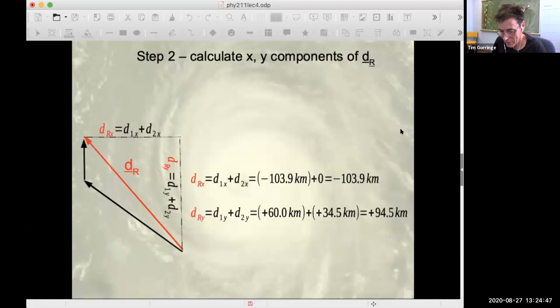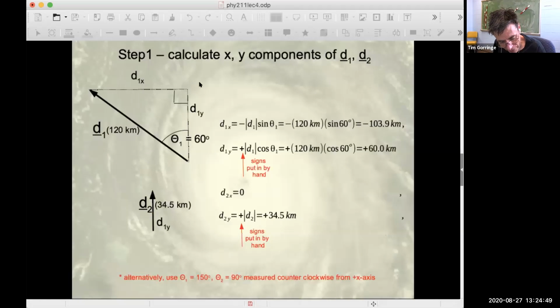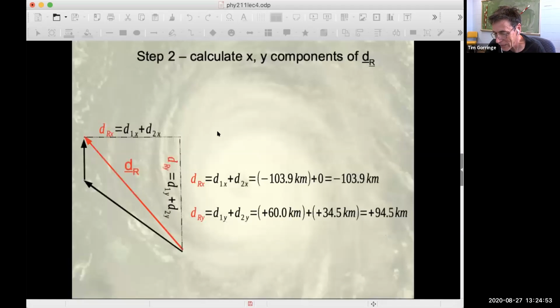Here we are. Okay, panic over, and back to trying to add together the two vectors. As I say, this is kind of like step two.